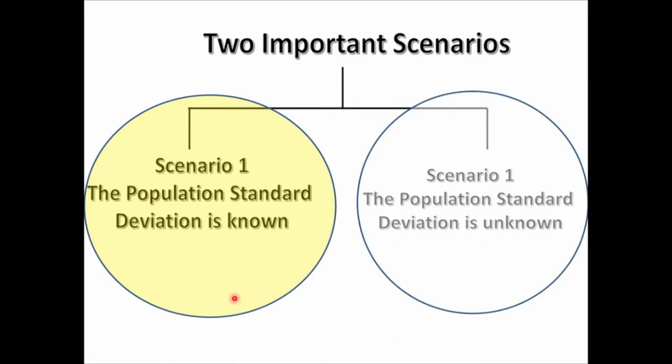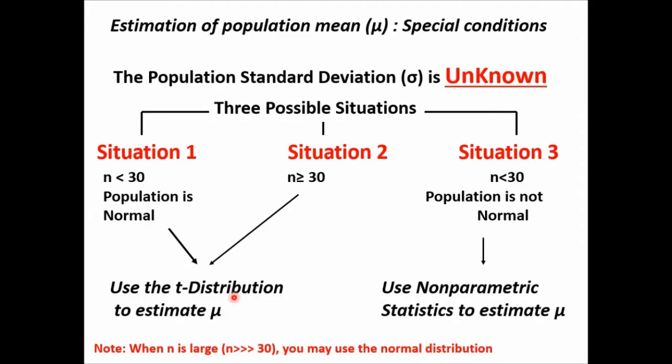And we defined a sample as being small or large by virtue of the sample size. We mentioned that a sample is small when it has a size of less than 30. And the sample is large when it has a size of 30 or more. So once again, we are going to deal with these two situations: small sample and a large sample.